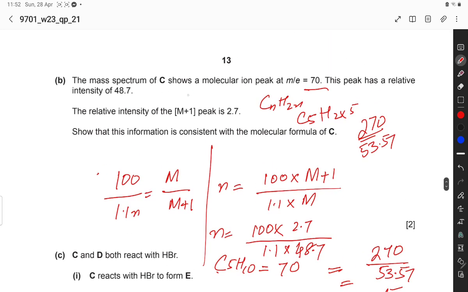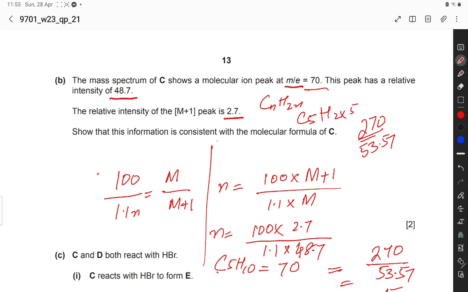Part B is the mass spectrum of C, which shows a mass over charge of 70. This peak has a relative intensity of 48.7, and the relative intensity of the M+1 peak is 2.7.